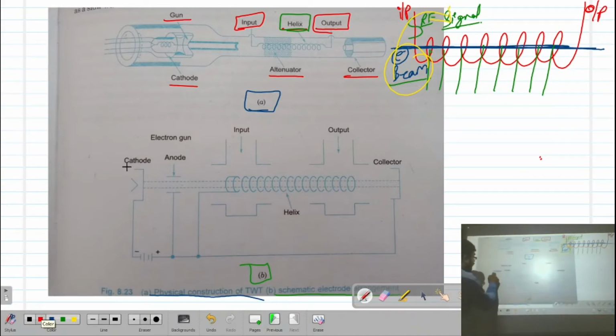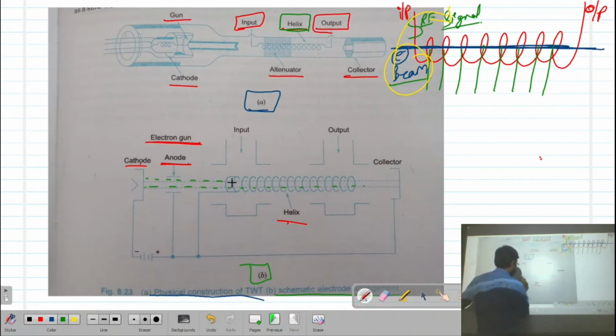We can see anode and cathode are there. So over here we have the cathode and the anode, and that is forming an electron gun. Again, for this construction, we have a helical coil, the helix. You can see this is the cavity through which the electron will pass.